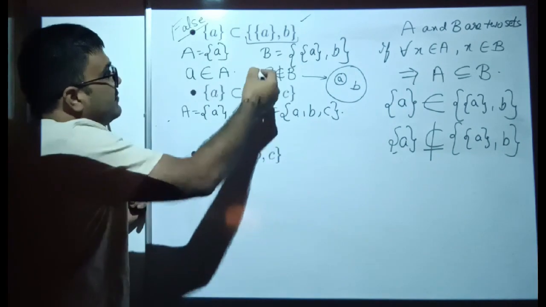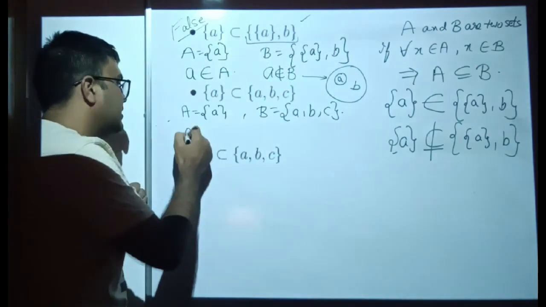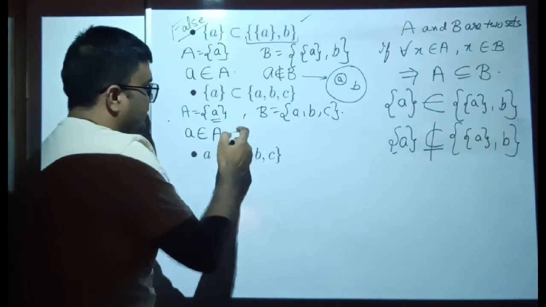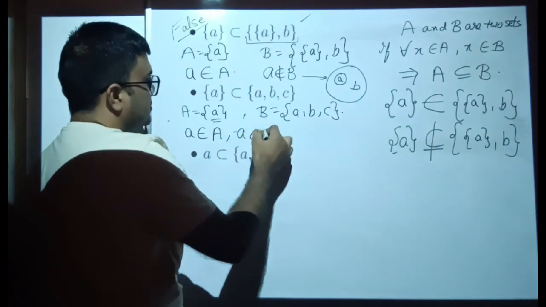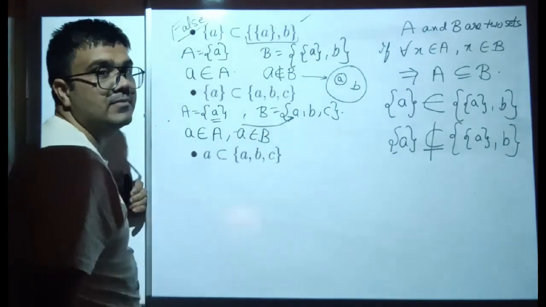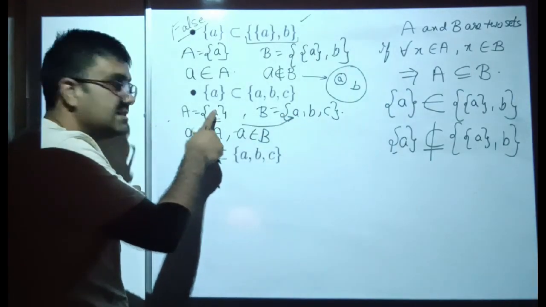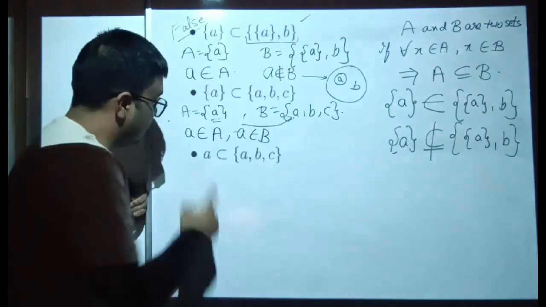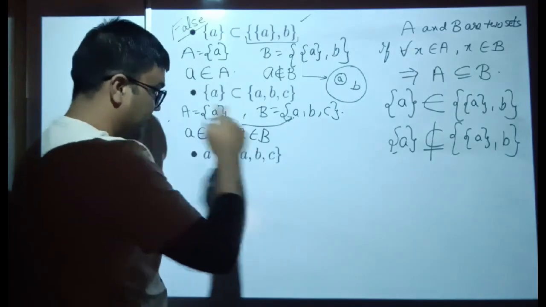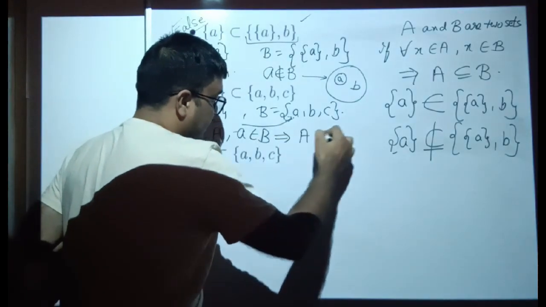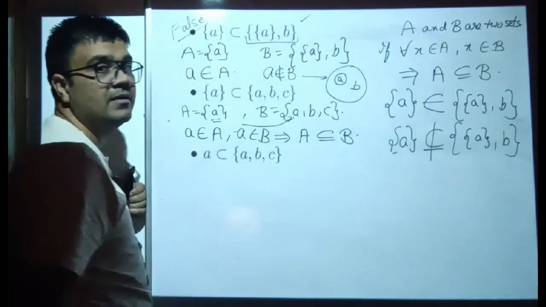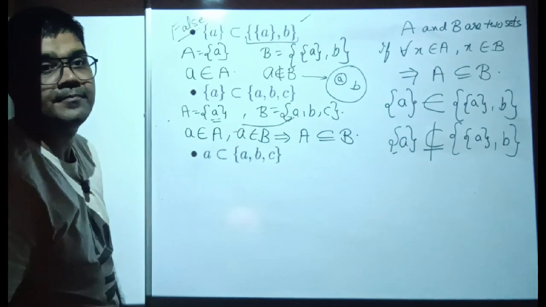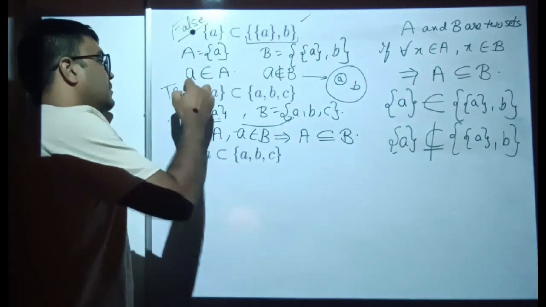So the condition again we have is for all x belongs to A, the first element we consider over here is a belongs to A, and we have corresponding to it a belongs to B. It means every element of the set A belongs to the set B. There is only one element, it means every element belongs over here. So this implies that A is a subset of B. So this statement is true.